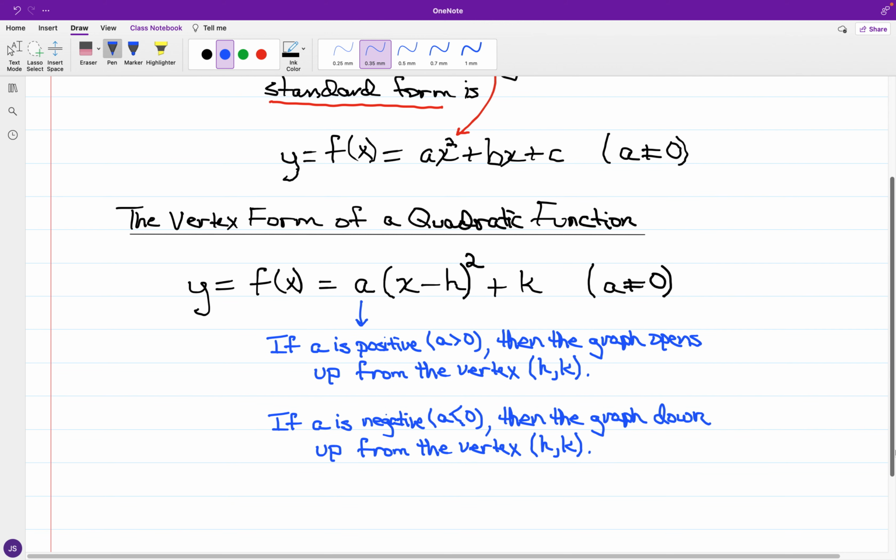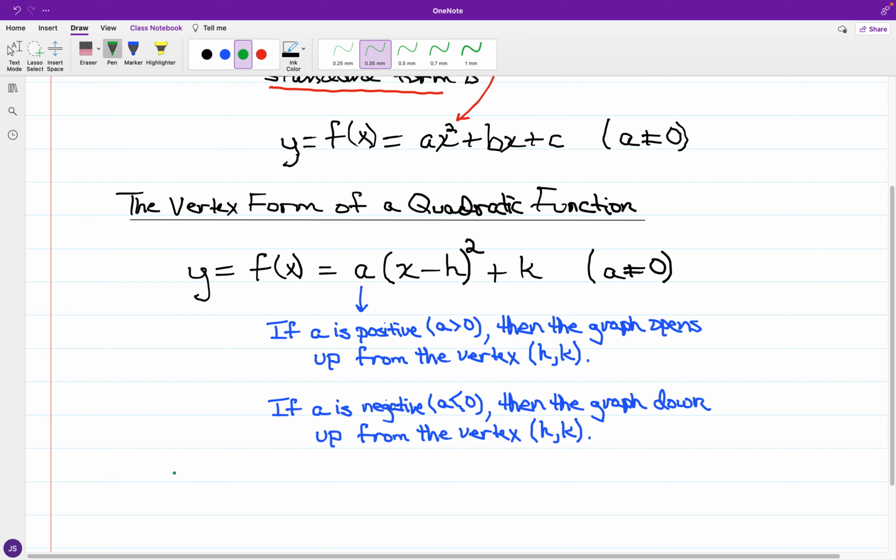Now, involving the letter h. Just like a lot of even functions, you're going to have the graph of a quadratic function split up into equal halves that mirror each other.